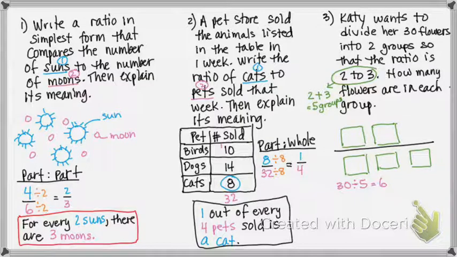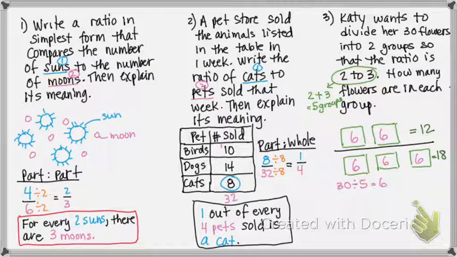So I'm going to put that number in each of the boxes. I split 30 into 5 equal groups. But when I was putting the flowers into 2 groups, I put 2 groups together, and 3 groups in the next. So this is how we're going to interpret this. If I add 6 plus 6, that gives me 12. And if I add 6 plus 6 plus 6, that gives me 18.